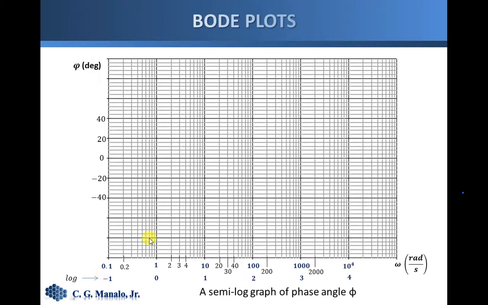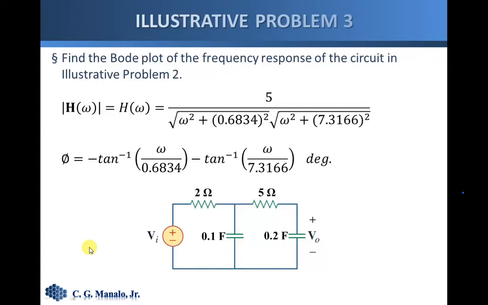The only difference is that the vertical scale is still plotted in degrees. So let's apply this new way of plotting the transfer function. In our previous example, we have the transfer function expressed like this, the magnitude, and we have this phase angle. Now let's plot this using Bode plots.